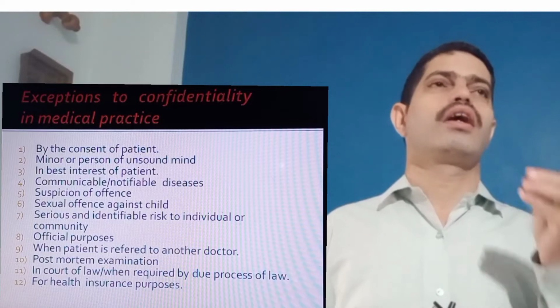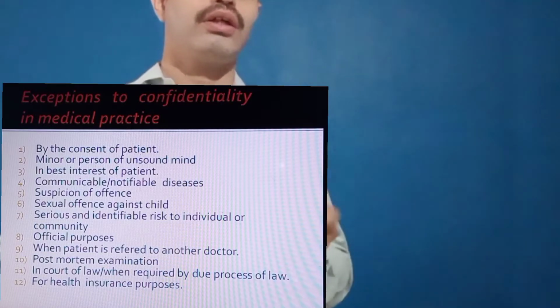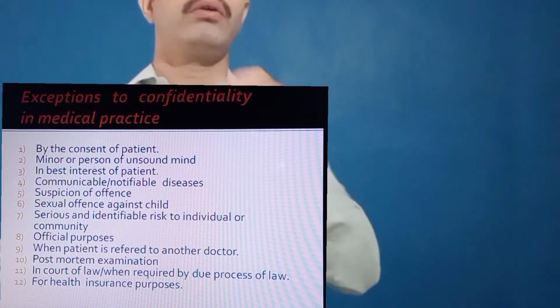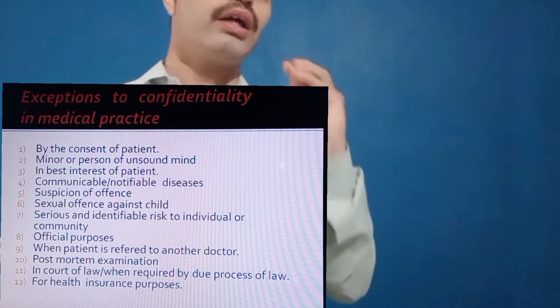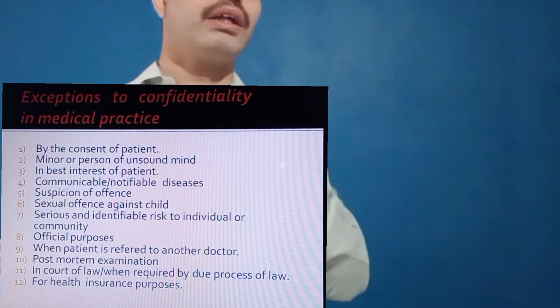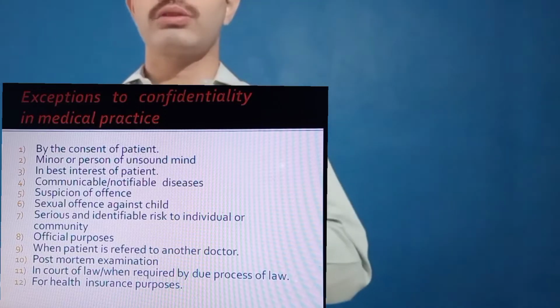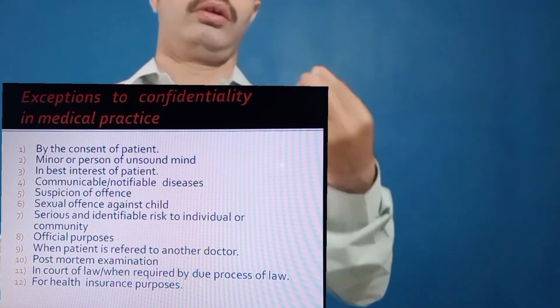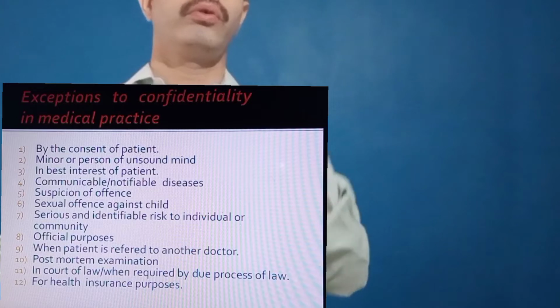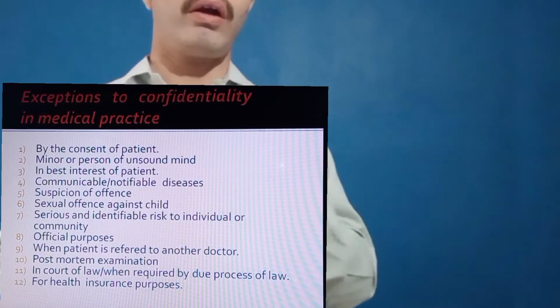So the right to confidentiality of information is less important than the right to life, which is more important here. And there was an identifiable risk to that girl and to the children who were supposed to be born after the marriage.